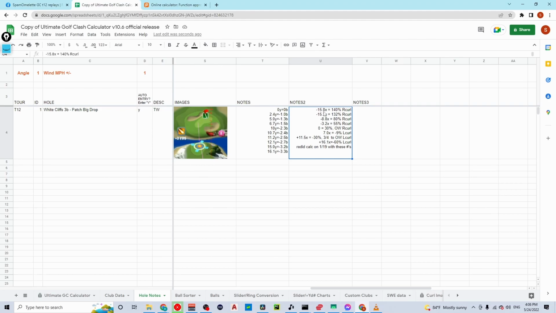If it was super strong from right to left, minus 5.8, then I would need 140% right curl. If I was pushing left to right, super strong, 16, I would need minus 60% left curl. So I just tracked all of that.